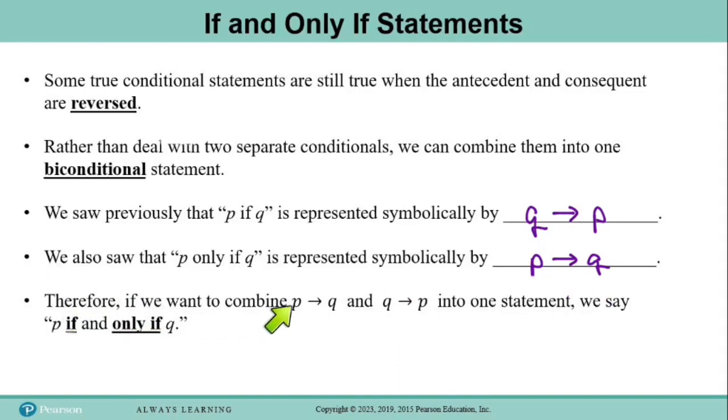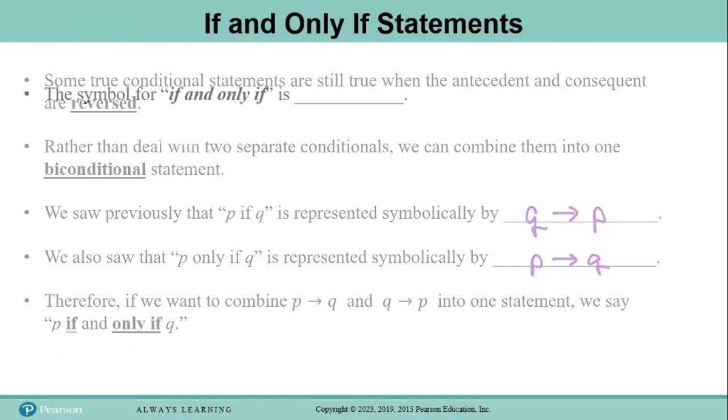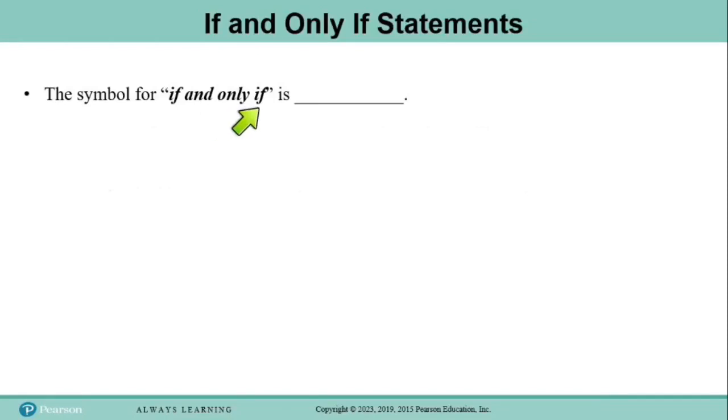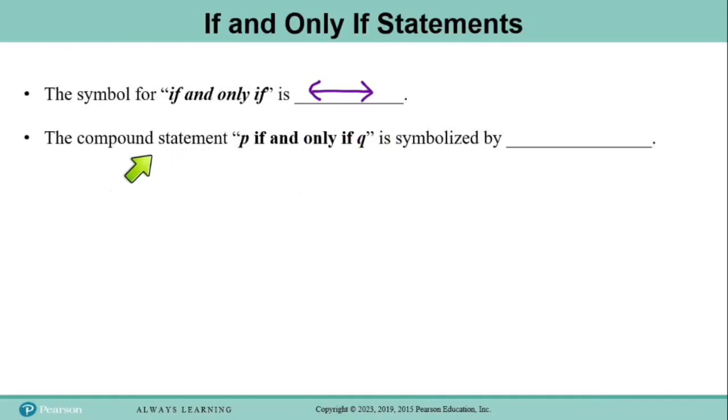If we want to combine if P then Q and if Q then P into one statement, then we say P if and only if Q. Now the symbol for if and only if is a double-headed arrow. So the compound statement P if and only if Q is symbolized by P double-headed arrow Q. So we read this P if and only if Q.